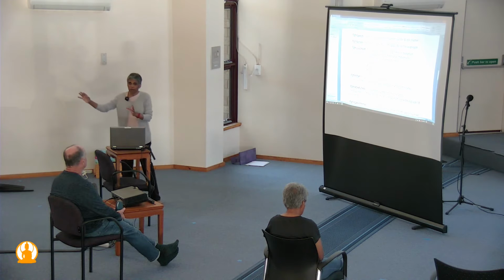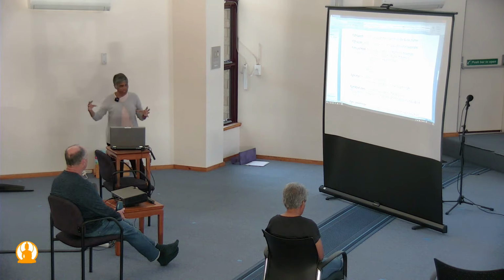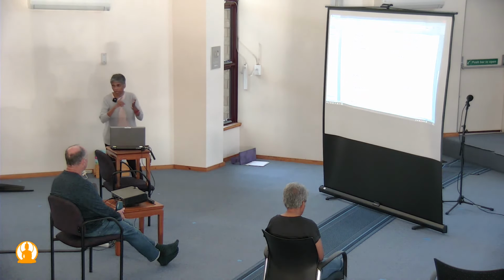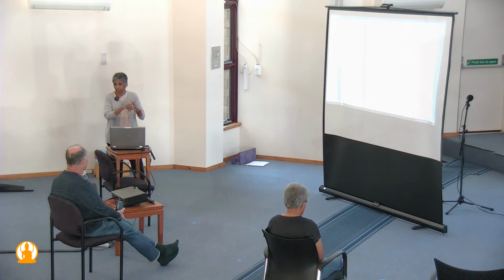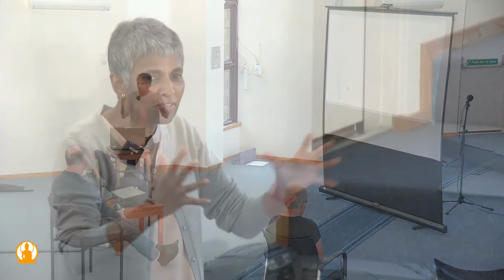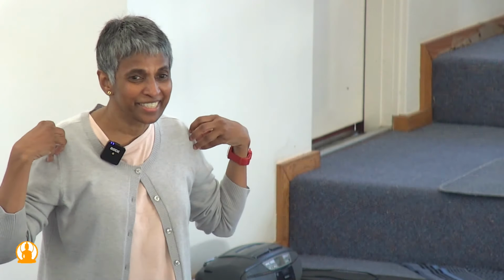Then the rest of the four aggregates are all mental or mind aggregates: feelings, perceptions, thought formations, and consciousness. You put all these five together, you get me. And we cling to this me based on those five aggregates.